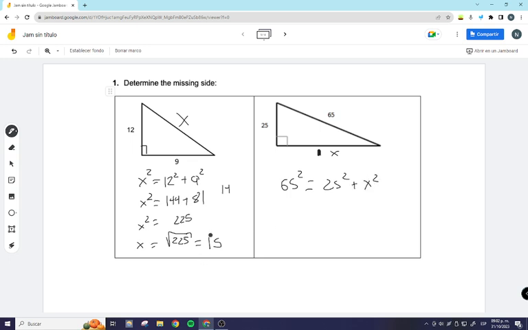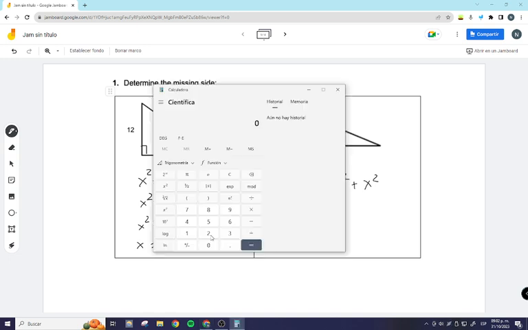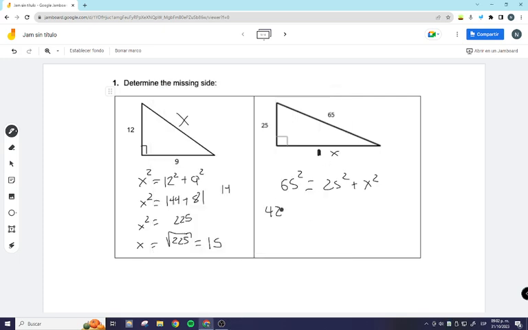So 65 squared, let's actually now use the calculator. 65 times 65 is 4,225. 25 squared is 625, and this is still x squared.